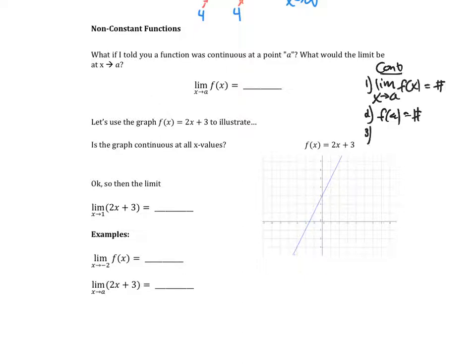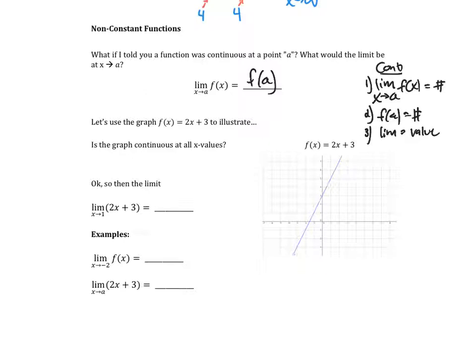And three, the limit must equal the value, or one and two must equal each other. Well, if the limit is equal to the value at a singular point where it's continuous, then the limit is simply the value at that point. Let's quickly review that.